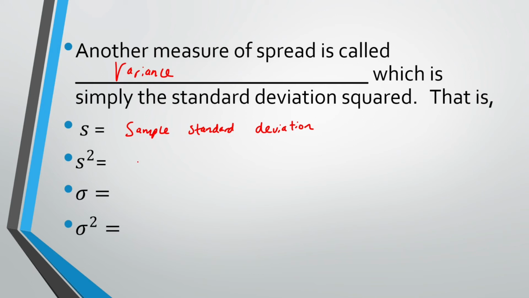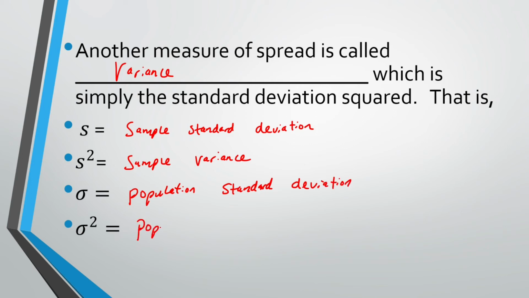S squared is now going to be our sample variance. Sigma is our population standard deviation. And sigma squared is going to be our population variance.